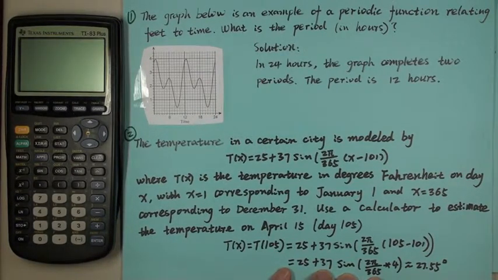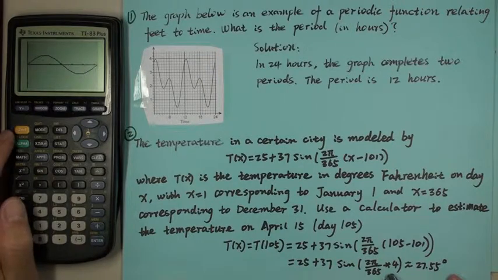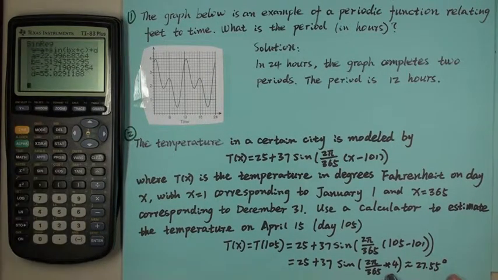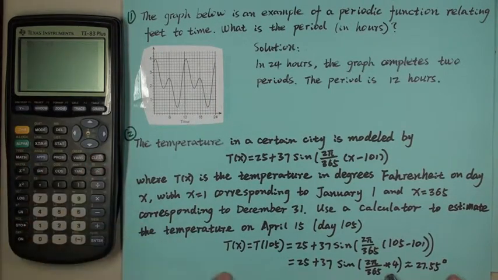When you calculate those things, you want to be a little bit careful. Why did I say that? Do second quit, so you clear the screen if it is not clean.